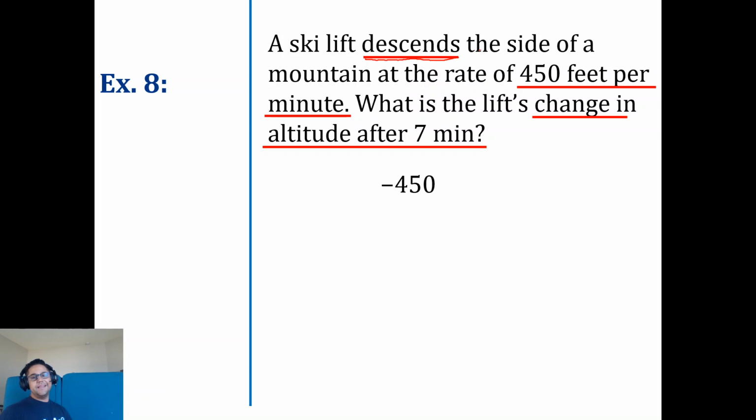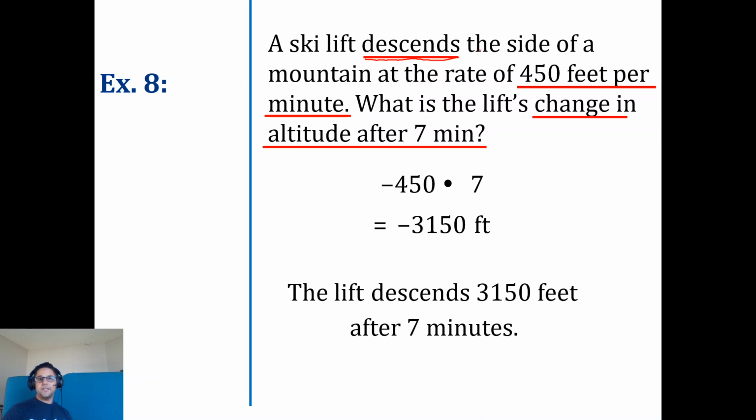And then the time frame is 7 minutes, so I'm going to go ahead and multiply by 7. There's no such thing as a negative time. So I've got a negative multiplied by a positive, and it, of course, gives me a negative answer because it's descending. It's going down the mountain. And then if you need to, go ahead and multiply it out. So the question says, what is the lift's change in altitude after 7 minutes? That's going to give me negative 3,150 feet after 7 minutes.